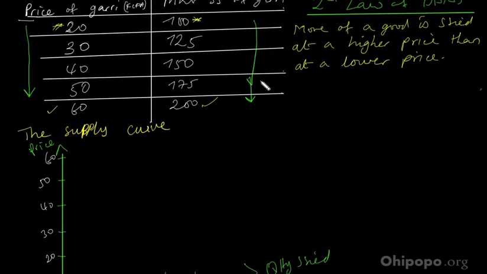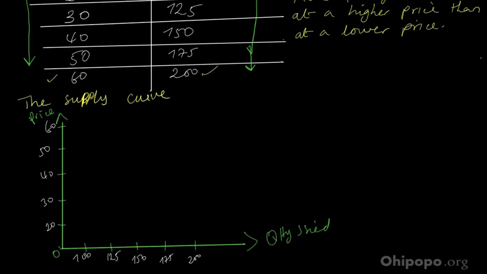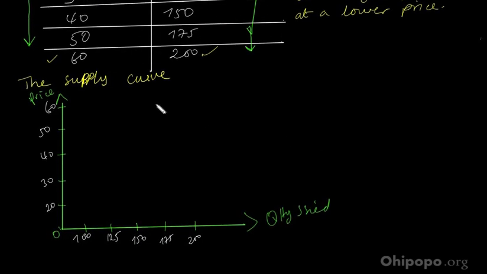What I'm doing is representing this table now in a curve, which I said is now called the supply curve. Now, when the price of the good is 20 francs per cup, how many cups are being supplied?